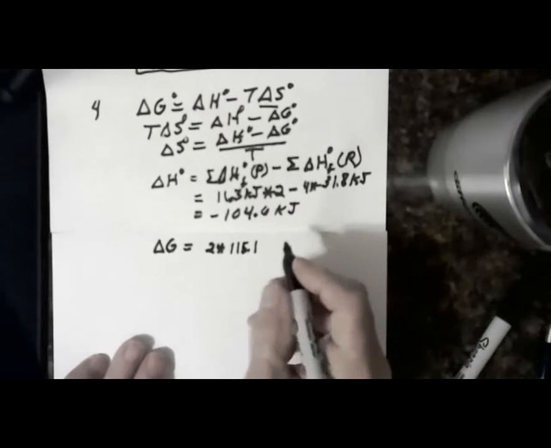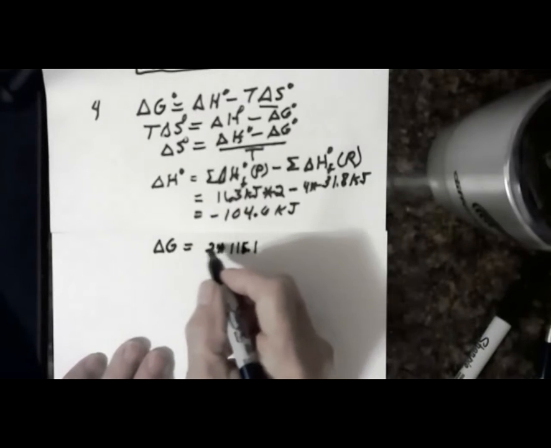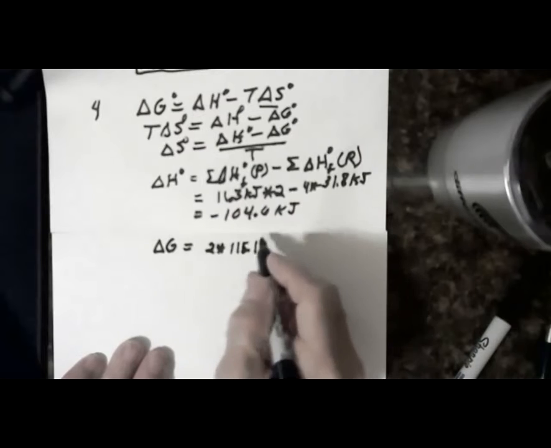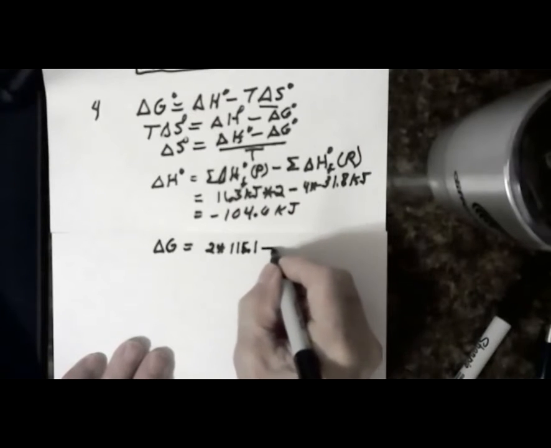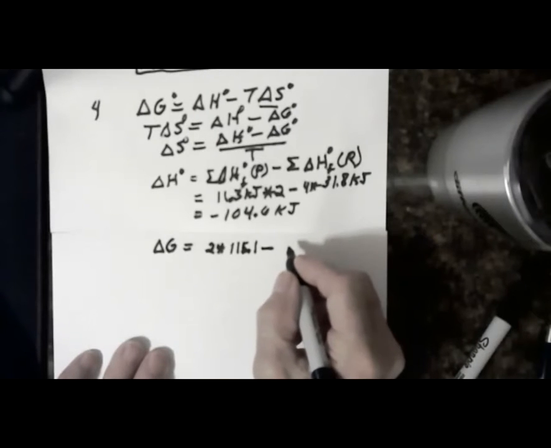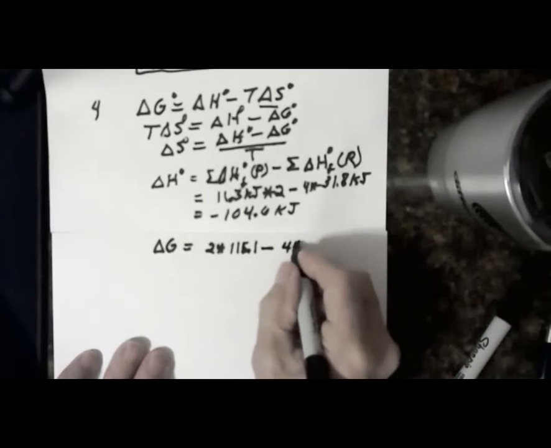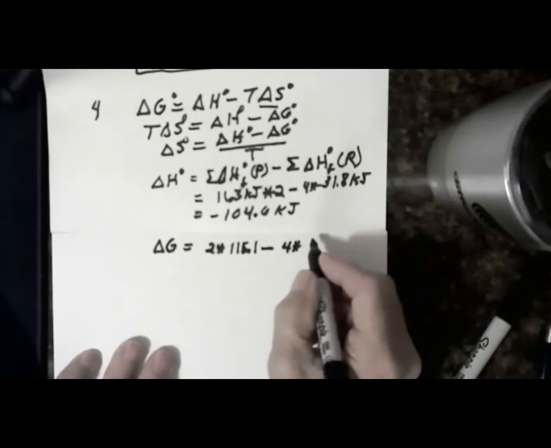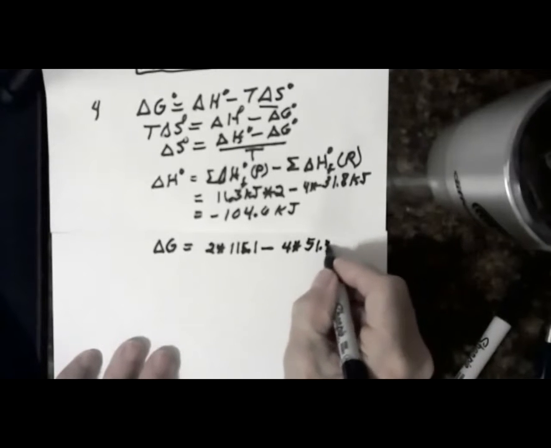This webcam reduces everything, so I'll try to start writing a little bit bigger. I need to subtract off 4 times the NO2 value. So I've got 4 moles, and the NO2 value under delta G is plus 51.31.